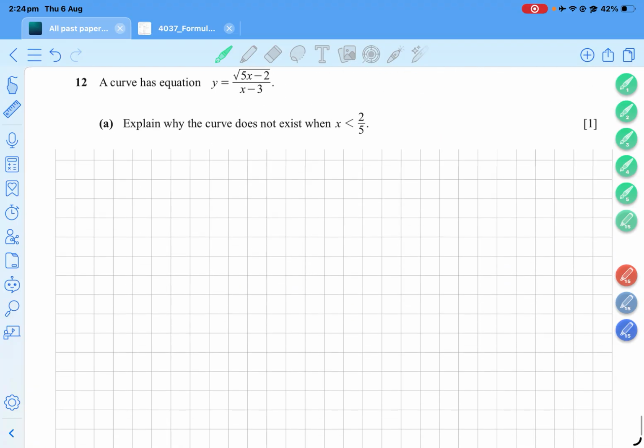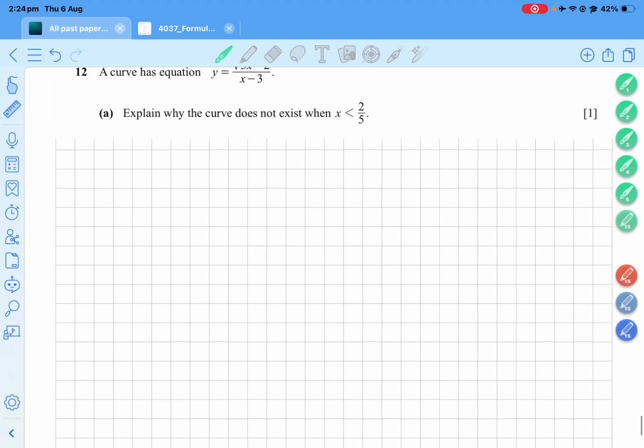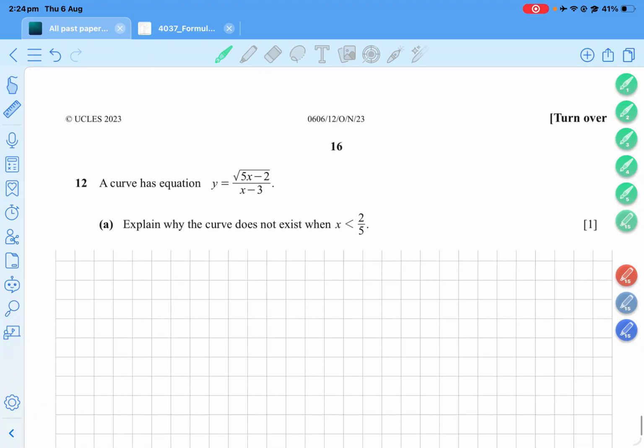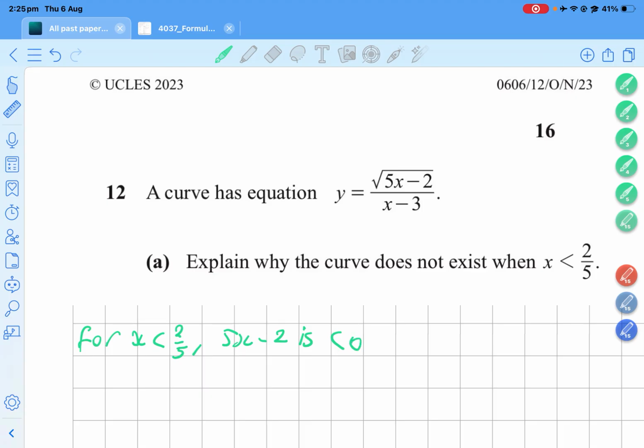So the curve has this equation. Why does it not exist when x is less than 2/5? If it's less than 2/5, it does not exist because this thing becomes negative. So for x less than 2/5, 5x minus 2 is less than 0.